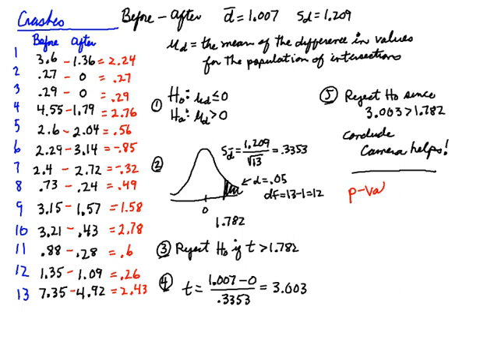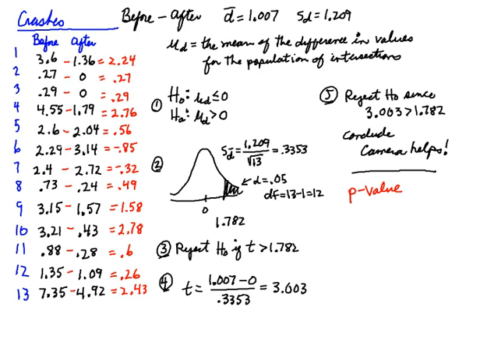You can also calculate a p-value. My test statistic is 3.003, and if I go to the t-table in the book under row 12 for 12 degrees of freedom, I see that the 3.003 is right between 2.681 and 3.055, the last two columns.